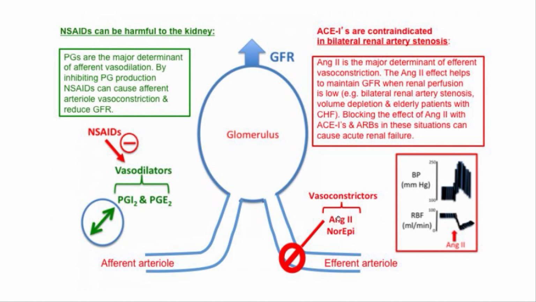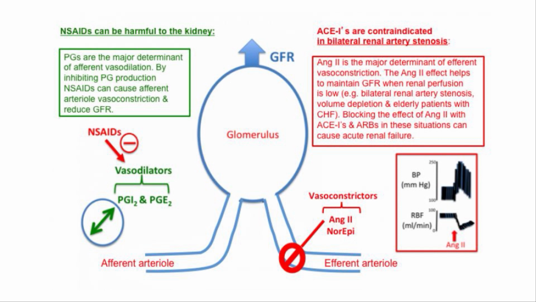The best case for having a high glomerular filtration rate is if the afferent is really dilated so that blood can get in, and then the efferent is really constricted so that it's hard for blood to get out, which will increase the pressure inside the glomerulus, helping to push fluid across the glomerulus, increasing glomerular filtration rate.